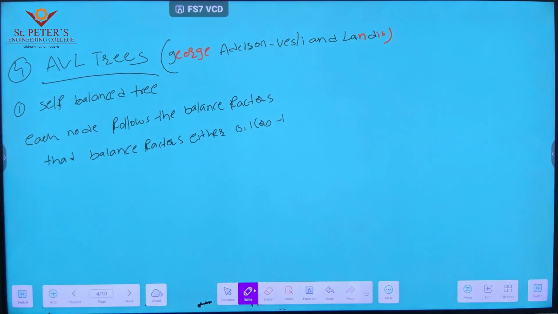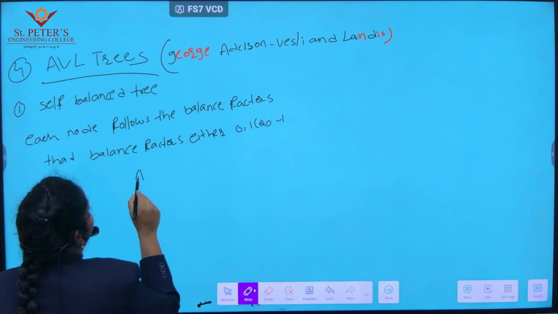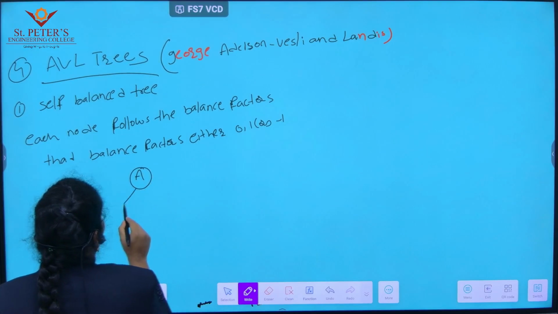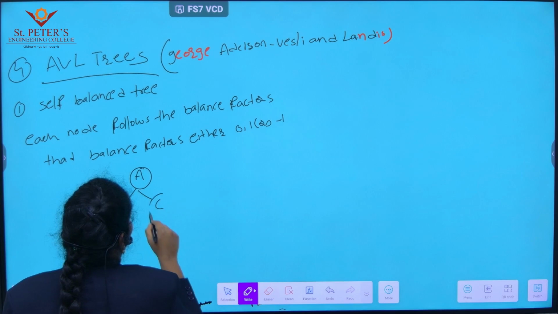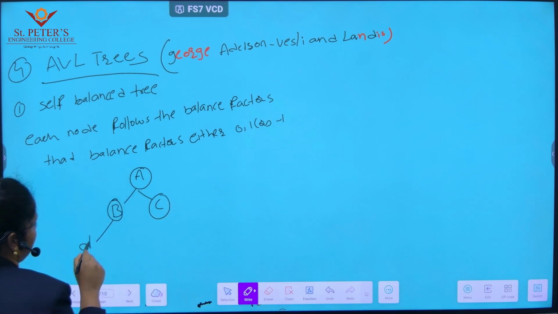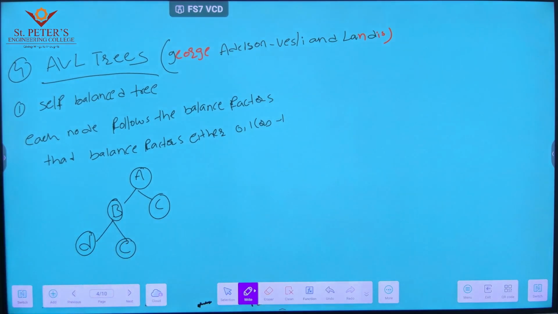So for example, here I am taking a small example, a small tree diagram of an AVL tree.